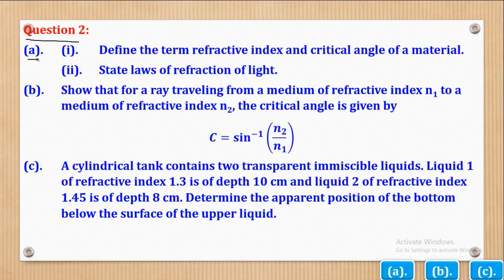Question 2, part A, Roman 1 says, define the term refractive index and critical angle of a material. Then Roman 2 says, state the laws of refraction of light.